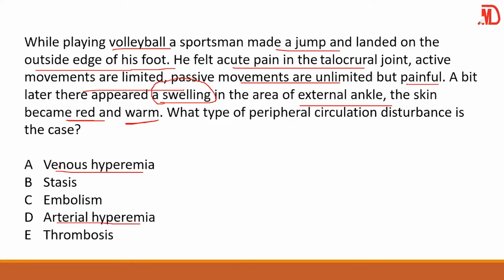One causes congestion, which of course also means swelling, but it is cold to touch, whilst arterial hyperemia is warm to touch. So please, these are your clues. So here we are thinking of arterial hyperemia.